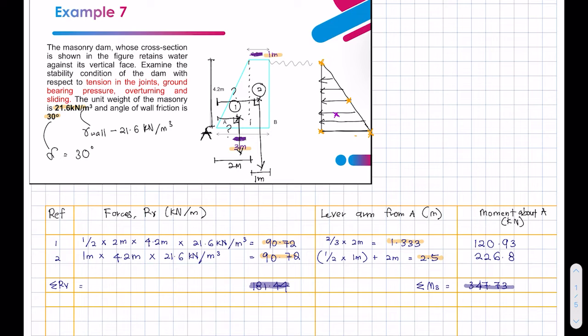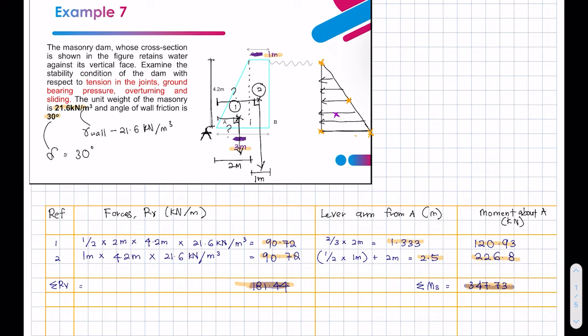Then kita boleh calculate the moment about A dengan mendarabkan lever arm with force. Then you will get this value. Total up everything for the vertical forces and for stabilizing moment.